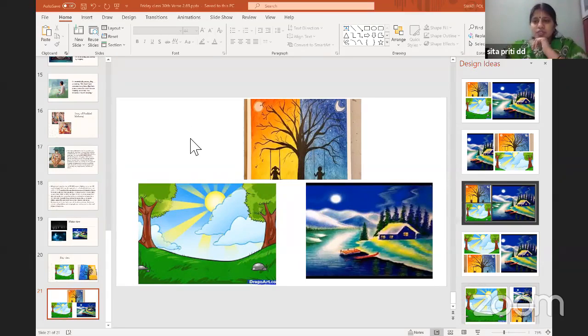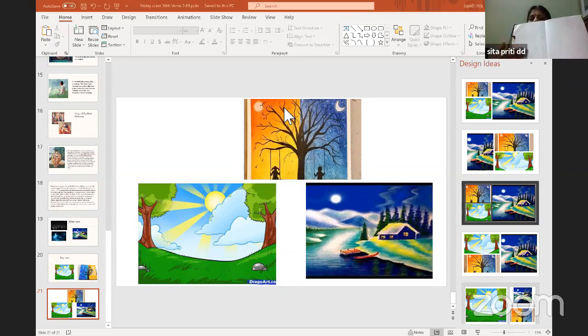So Keshavi, you can have your drawing notebook and either you can draw a whole day picture on one paper, and on the second paper a whole night picture. Or if you do not want two different drawings, you can divide one paper into half, and in the middle draw a tree.